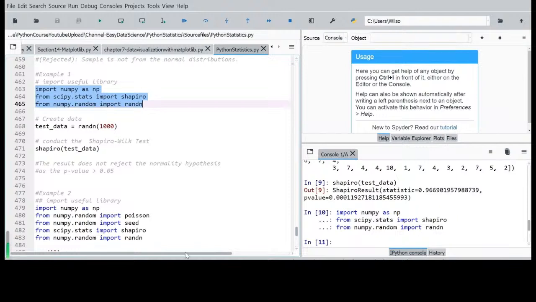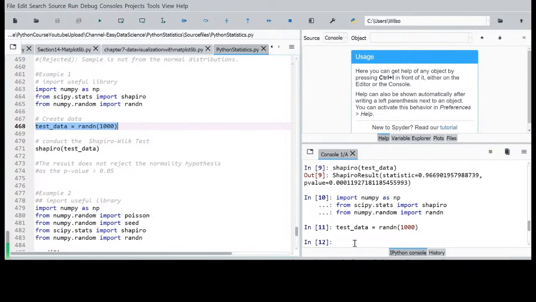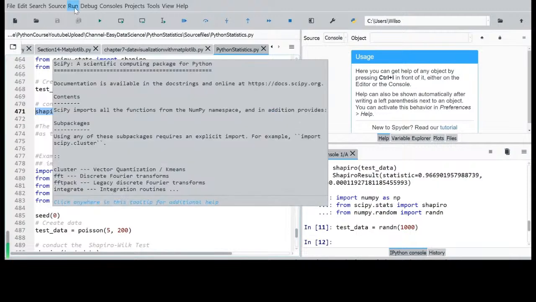So we create an array of 1000 numbers from a normally distributed random number generator. The test data now includes 1000 numbers. Next we use the Shapiro test on this test array.